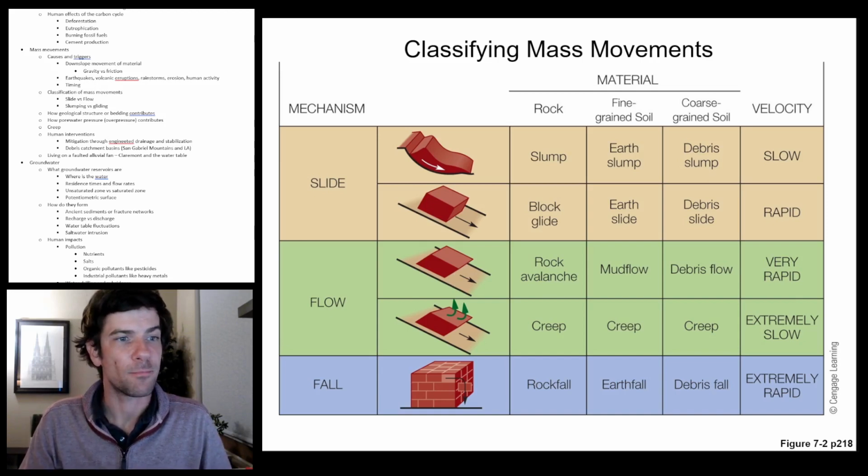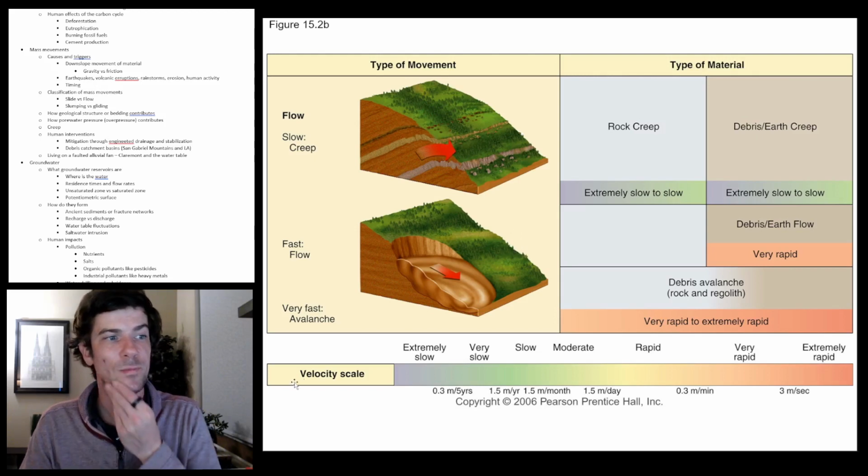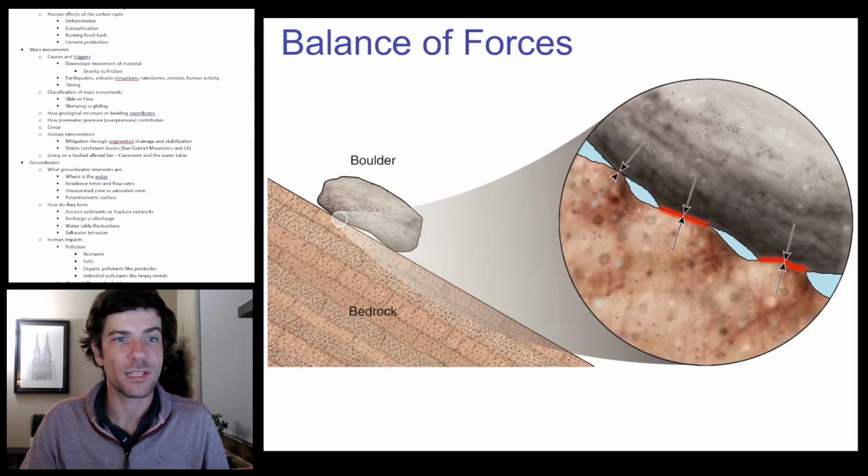Okay. There's also this phenomenon called creep, which is the slowest type of mass transport, and it really results in the slow bending over and downhill transport of material. All right. All of this has to do, again, with gravity. There's some amount of friction where a rock is contacting whatever exists beneath it.